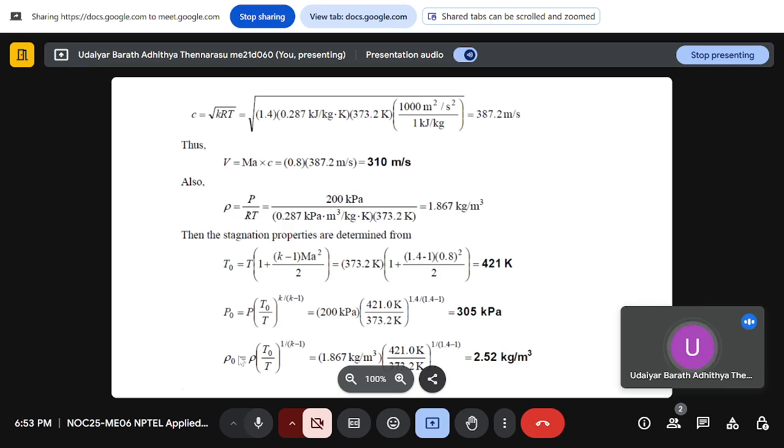So rho naught is rho into T naught by T raised to power 1 by gamma minus 1. We know T naught, T and gamma, and we found rho as 1.867. So 1.867 multiplied by 421 by 373.2 raised to power 1 by 0.4 comes out to be 2.52 kg per meter cube.